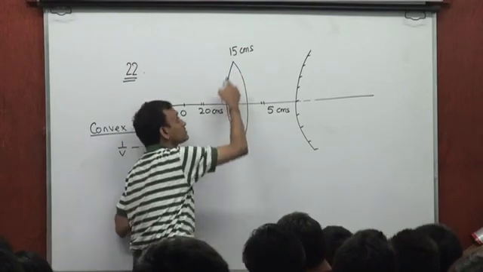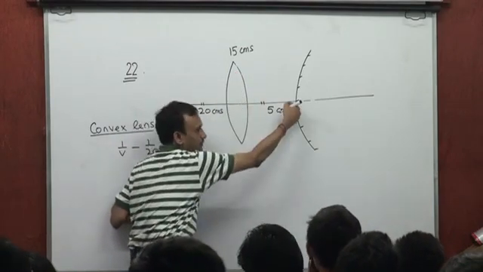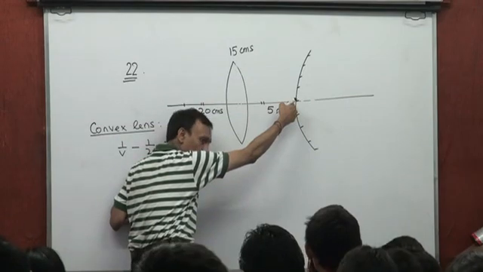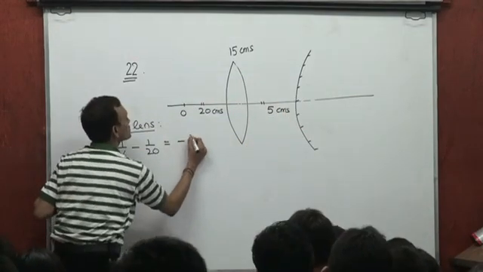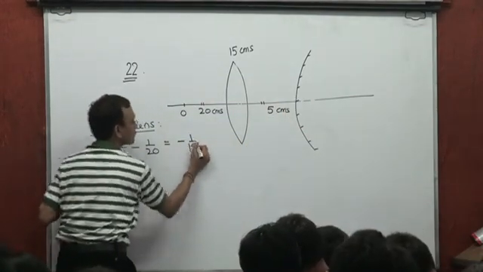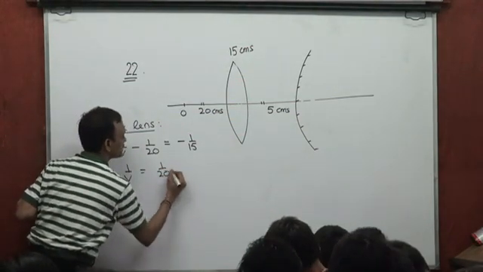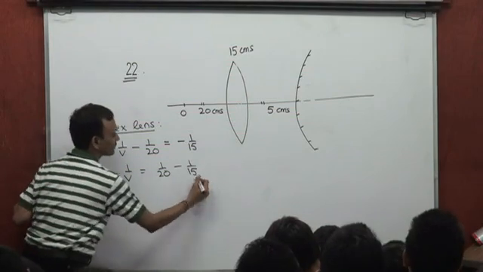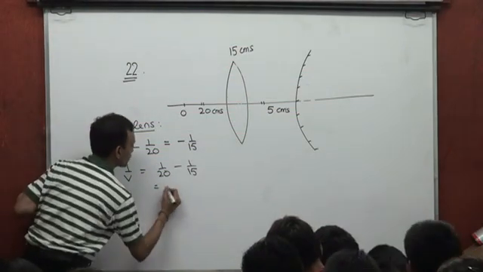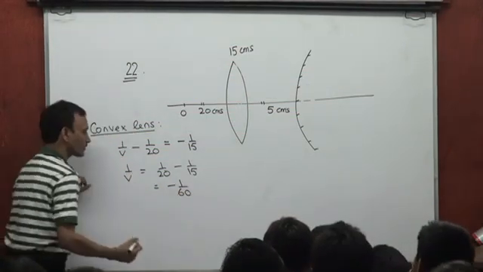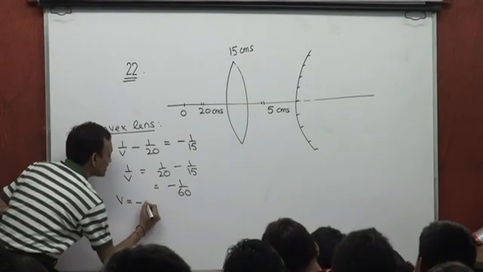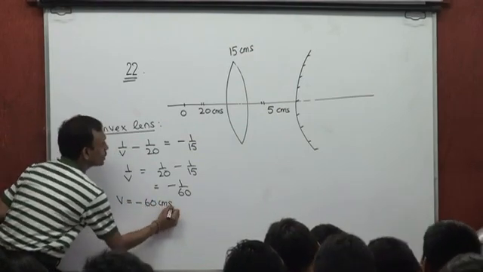Minus 15, because convex lens, it's a converging lens, its focus lies here, right? So, 1 by v is 1 by 20 minus 1 by 15, 3 minus 4, so minus 1 by 60. It would have got formed 60 centimeters to the right of the lens.